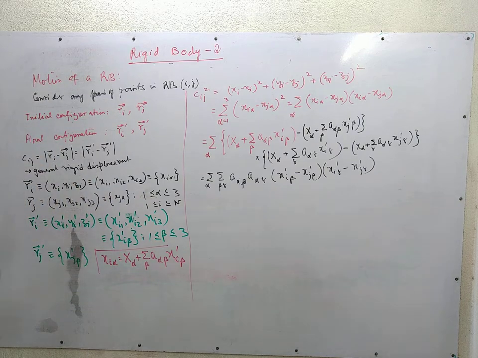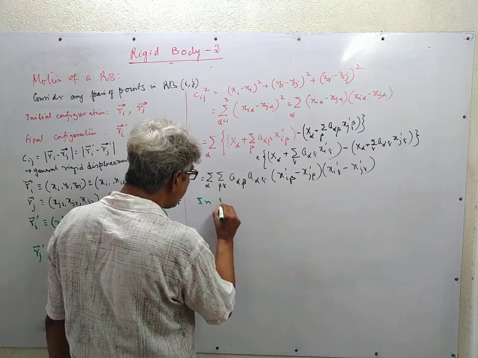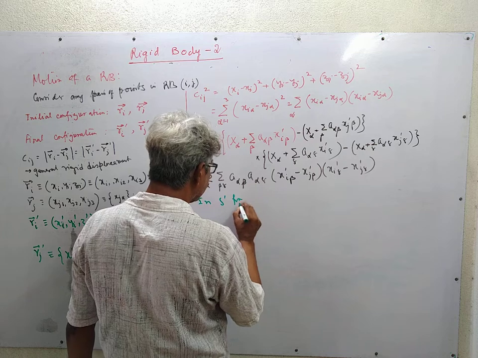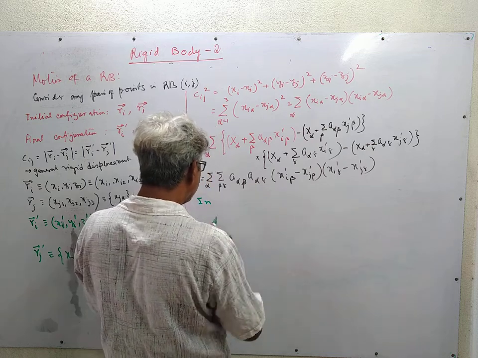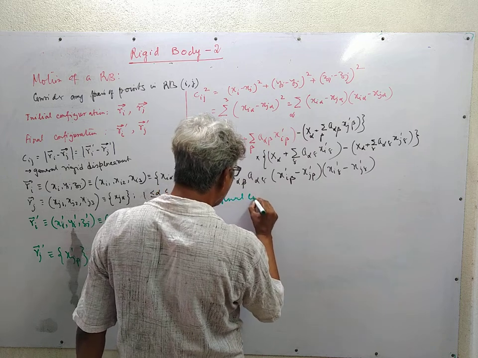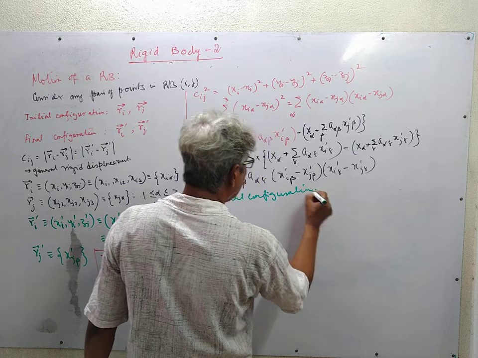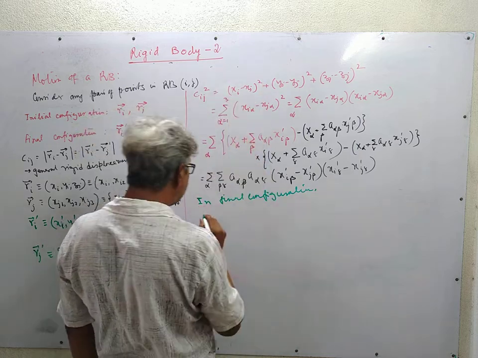If we calculate Cij in the primed or final configuration, here we have written Cij in the initial condition.